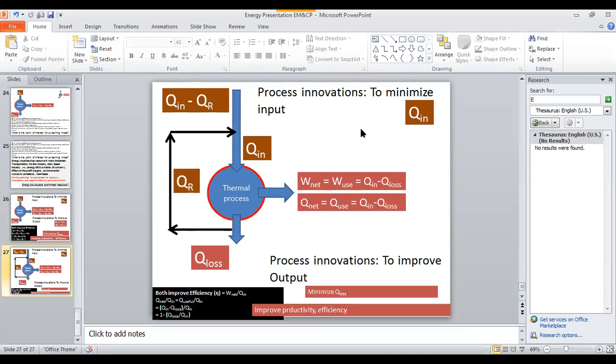Your input for the process is the same, but what you need externally is Q in minus QR. Very interesting.